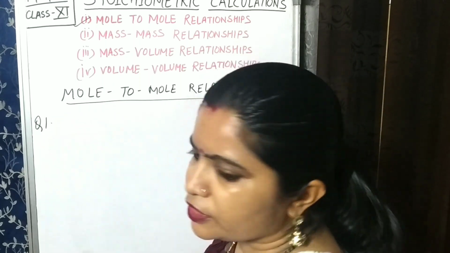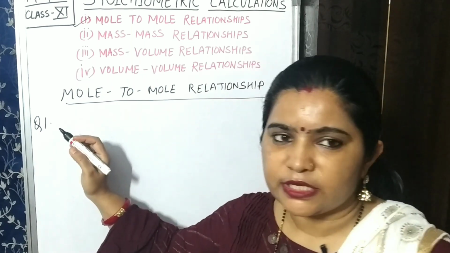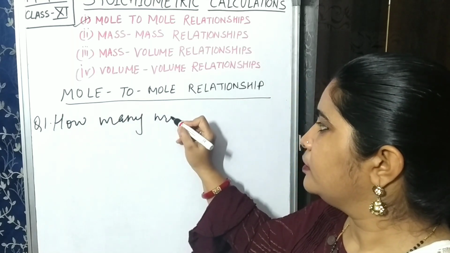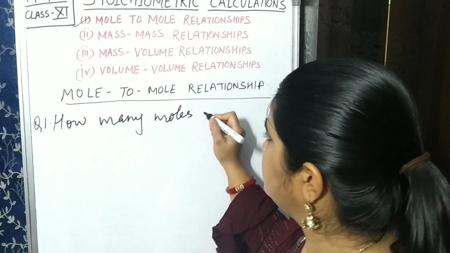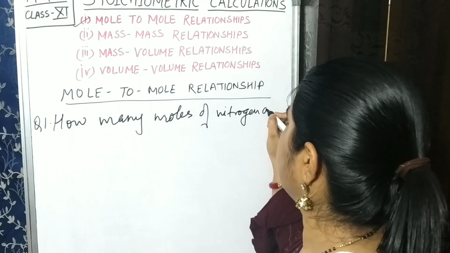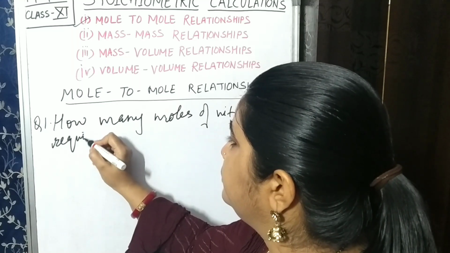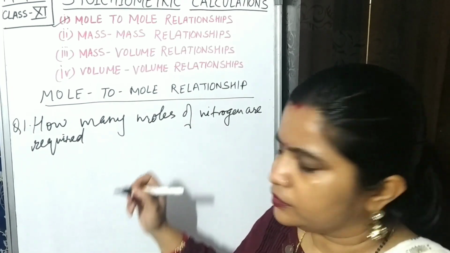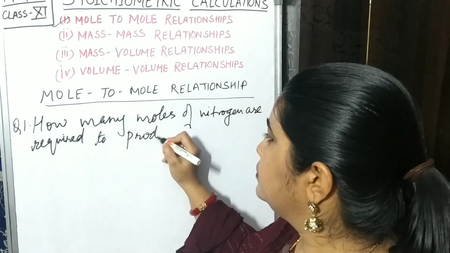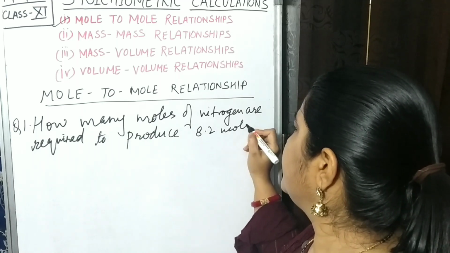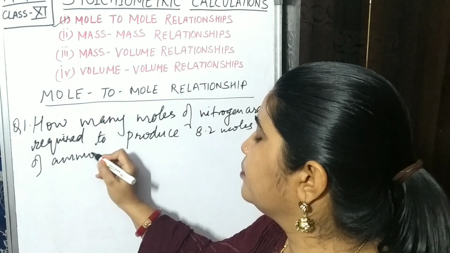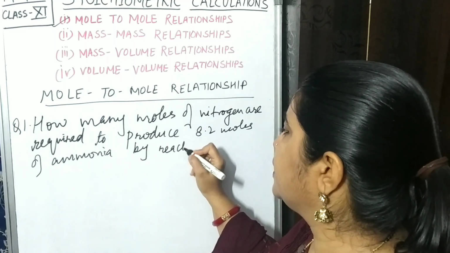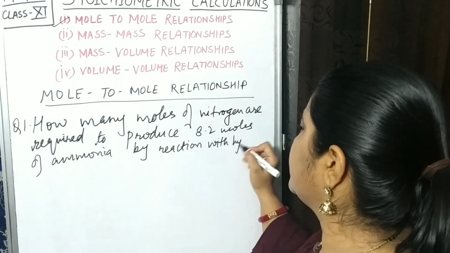Okay, I am writing one question here. Question number 1 is: how many moles of nitrogen are required to produce 8.2 moles of ammonia by reaction with hydrogen.